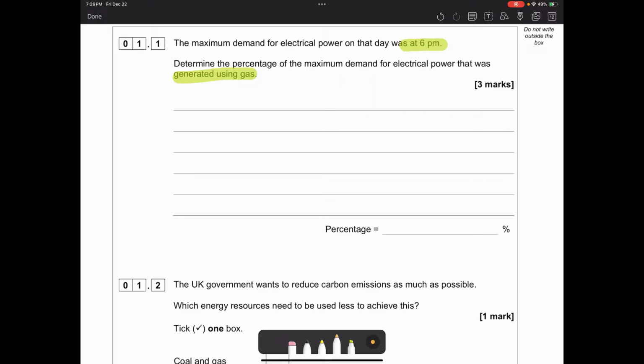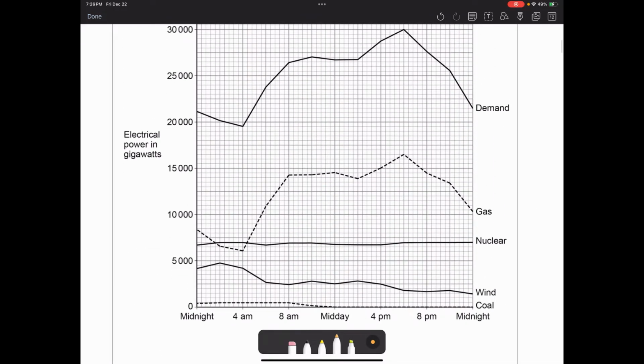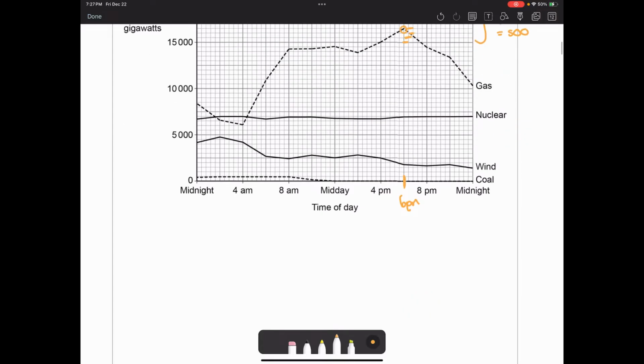So if I go back to the graph, I've been told the peak was at 6 p.m. What percentage of the electrical power came from gas? Well, if I go to the graph, I can see my demand for power at 6 p.m. on my graph is 30,000. Okay, and I can see my gas. If I work out what my gas peak was at that same time, you've got 15,000, you've got a gap of 5,000, divided by 10 squares, so therefore each little square is worth 500: 15,000, 15,500, 16,000, 16,500 would be your gas.